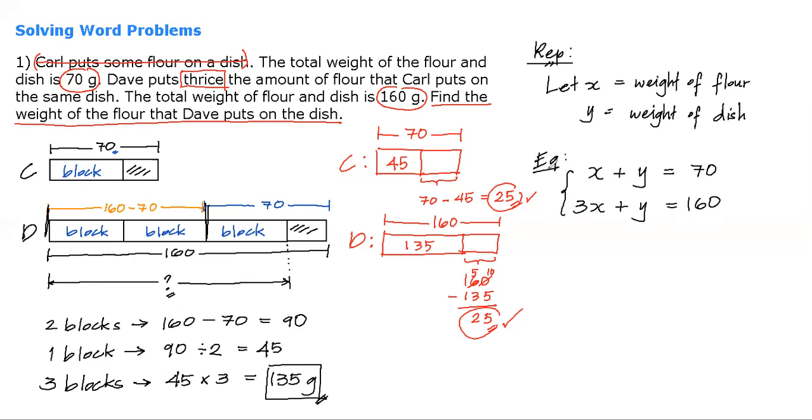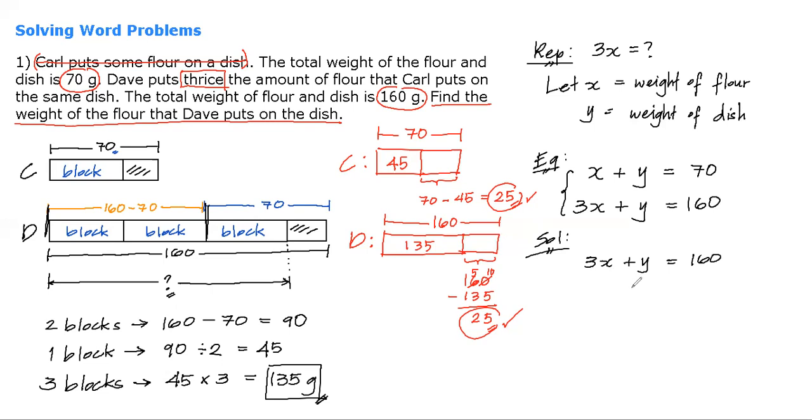It can be elimination, it can be substitution, but particularly you may use elimination just like the previous example. So we may solve right now. The question again is the 3x. Now 3x plus y is equal to 160.